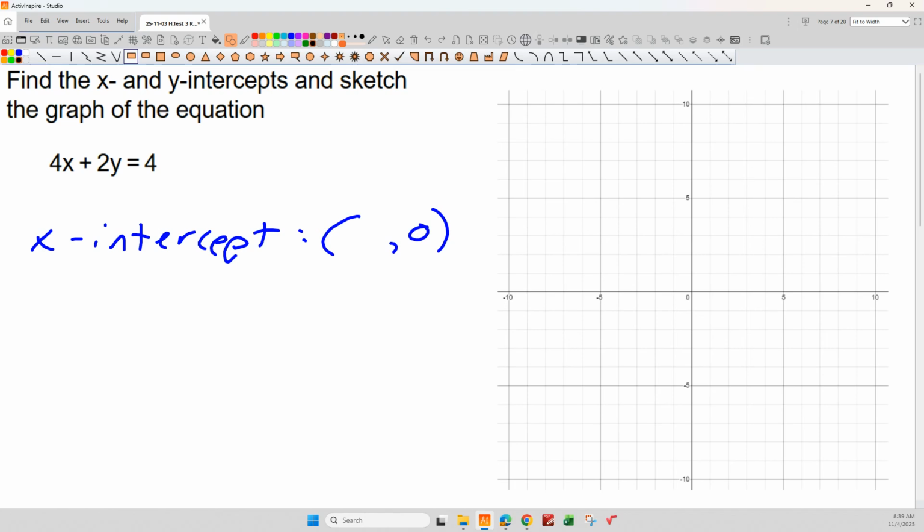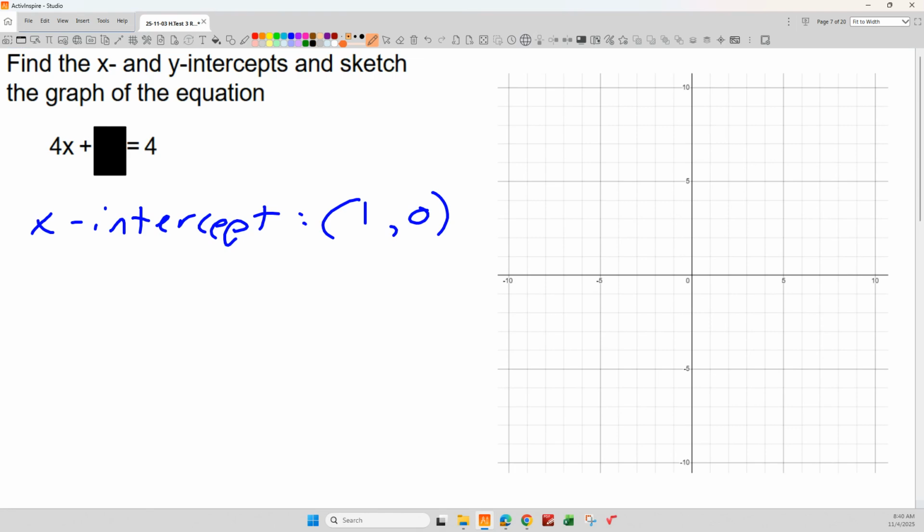Because if I set y equal to 0, then that term just disappears, it goes to 0, and then I just solve that equation. So when does 4x equal 4? When x equals 1. Yep, good. So we get the point 1, 0. So right there is my x-intercept.